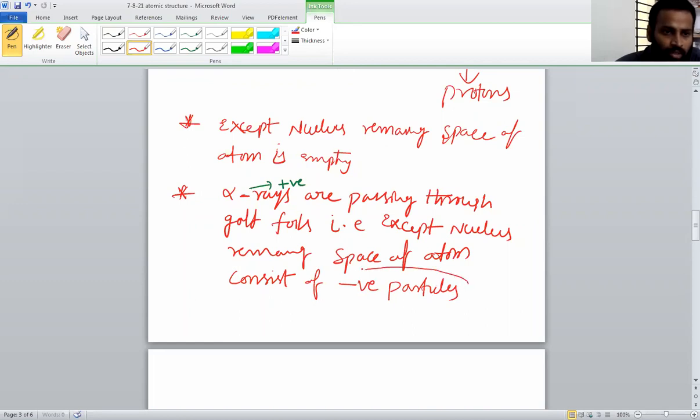Negative particles. What are those negative particles? Those negative particles are called electrons.